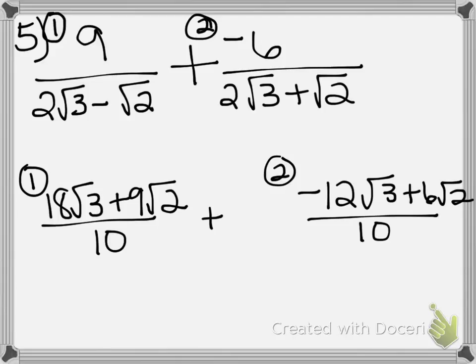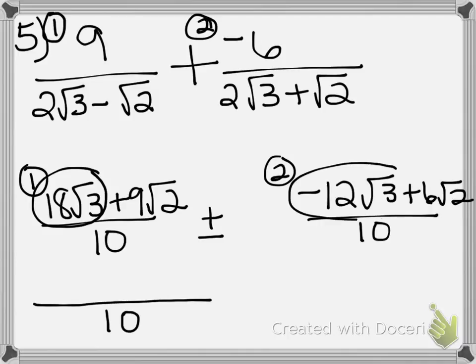So now at this point, I have an addition of fractions and I have common denominators. So now I'm going to write my answer with my common denominator of 10, and I'm going to combine any like terms. So I have 18 square root of 3 plus negative 12 square root of 3, and I'm going to get a 6 square root of 3.